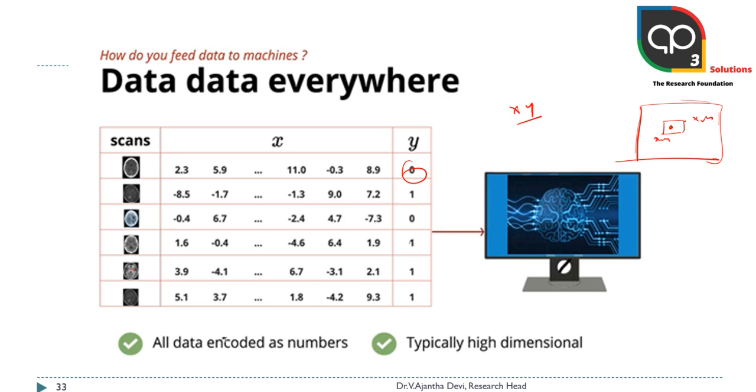Where you not only have the image but also the exact coordinates of that box, in which the problem makes sense. Only then can I train a system or the machine. So now this entire thing, x1, y1, x2, y2, becomes my output y, and the image is my input.